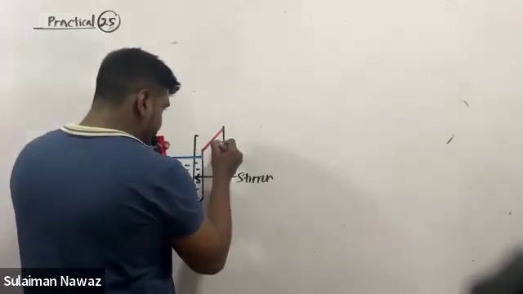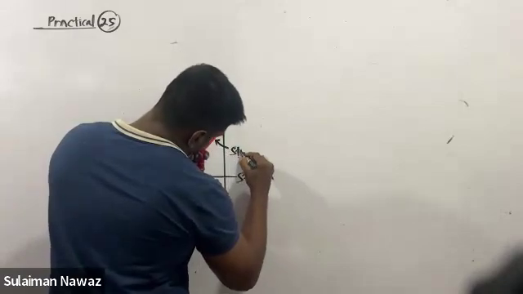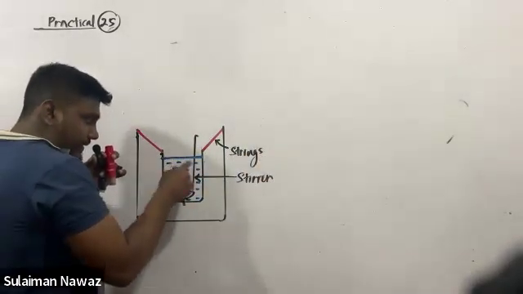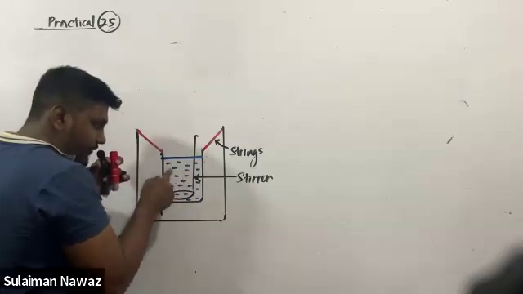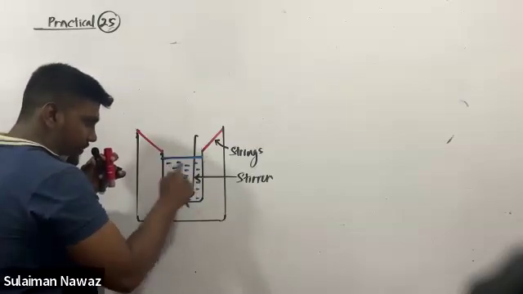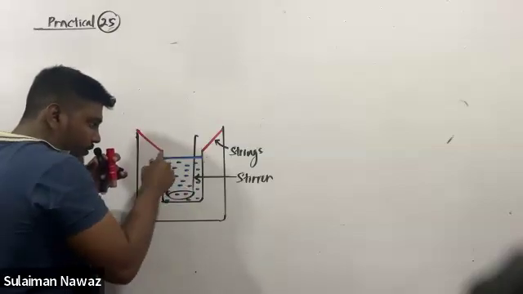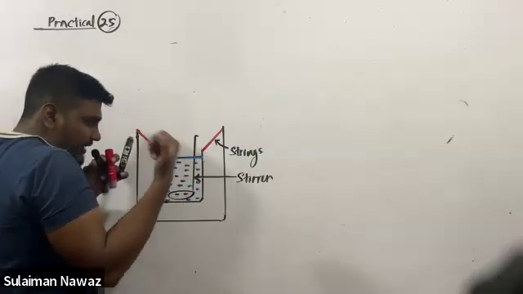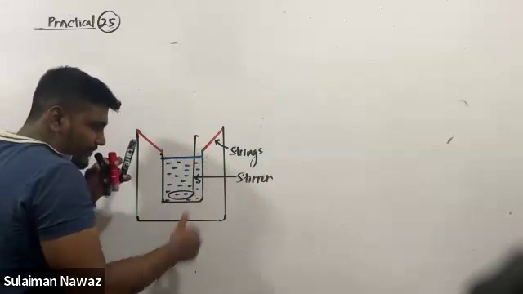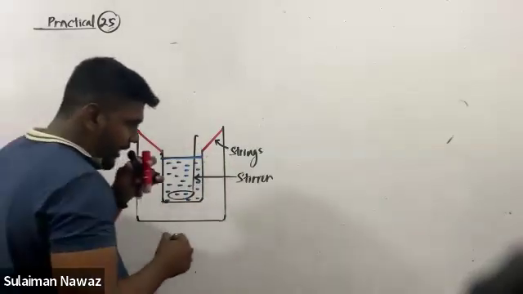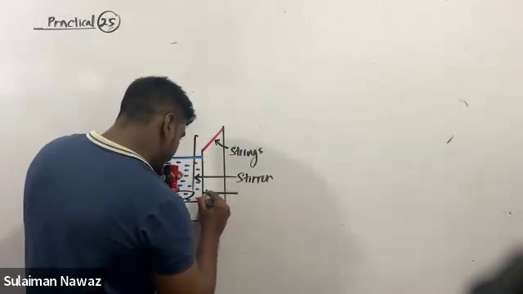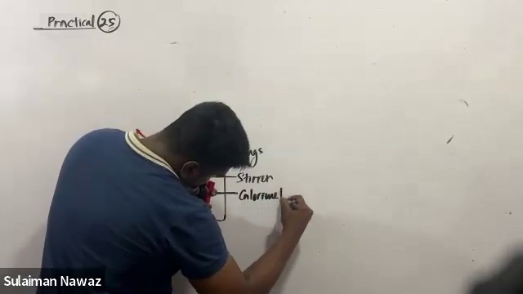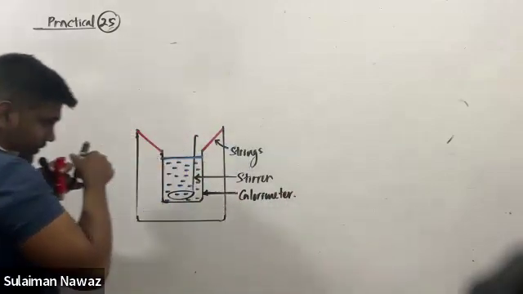So these are stirrers. Then what is this? This is the water, or whatever the liquid. So water normally, but it can be any kind of liquid also. So this we call the calorimeter. Calorimeter means nothing but a kind of copper container. Right? Calorimeter.